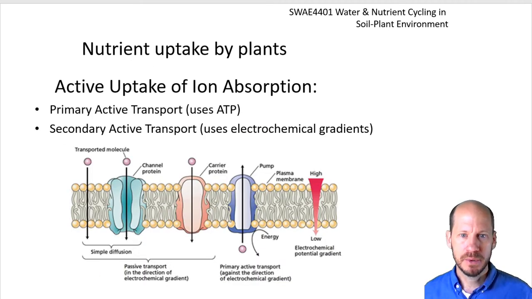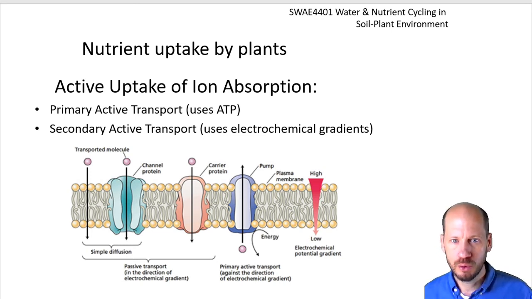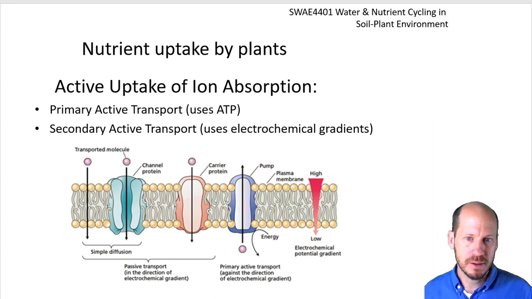In active uptake, even if you have convective processes happening, this ion will not go through because they are working against the concentration gradient. They're working against the electrochemical gradient.